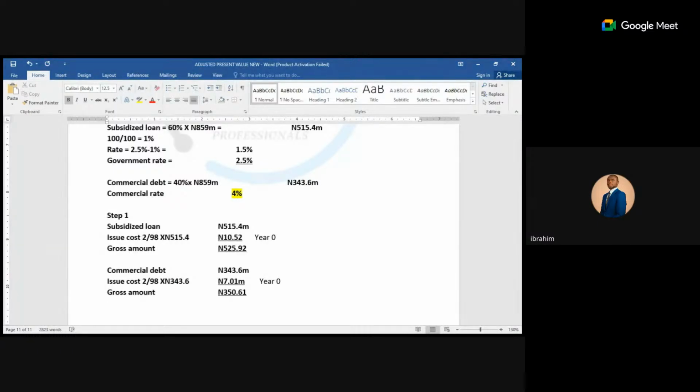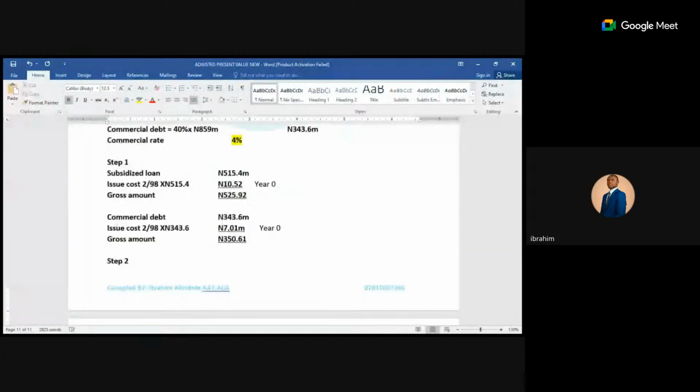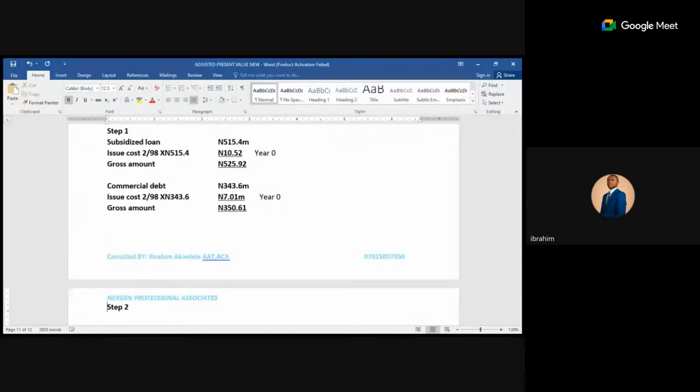So, step 2: tax savings on issue costs. It doesn't mention, so we assume that tax savings will be on the debts, the entire debts.